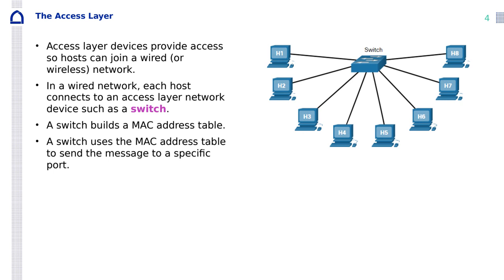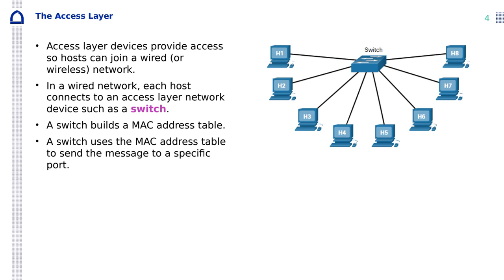Access layer devices provide access so hosts can join a wired or wireless network. In a wired network, each host connects to an access layer device, such as a switch.